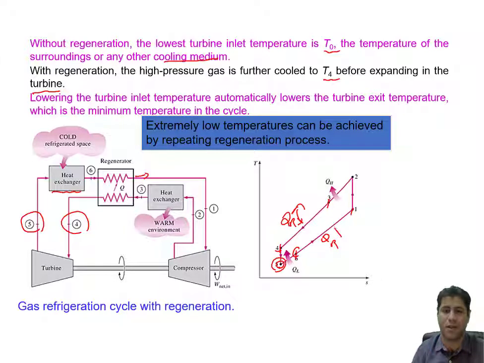Here QR is absorbed, coming back from 6 to 1. So the heat which is rejected here is absorbed here. So totally, the regenerator just absorbs energy in some part of the cycle and releases it in another part of the cycle. And by this, it will improve the COP of the whole cycle, which is a desirable characteristic for a refrigeration cycle.